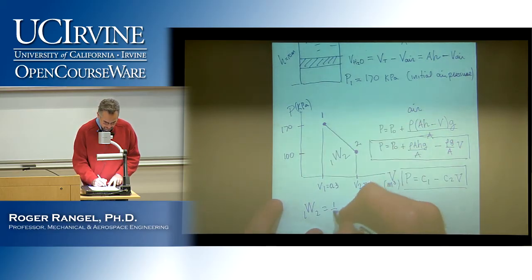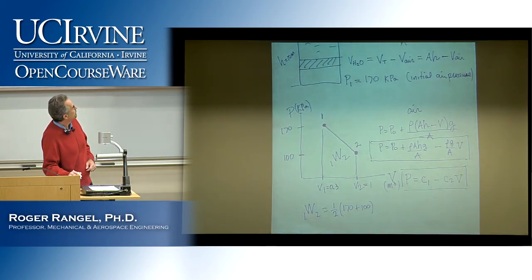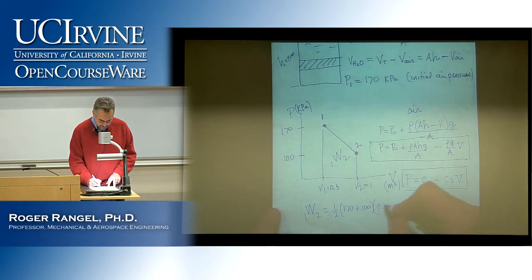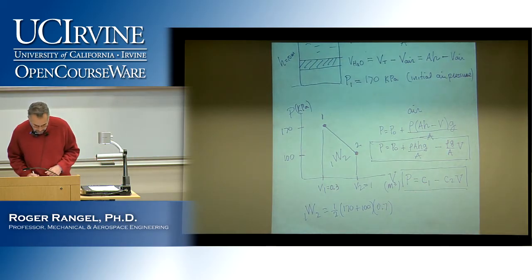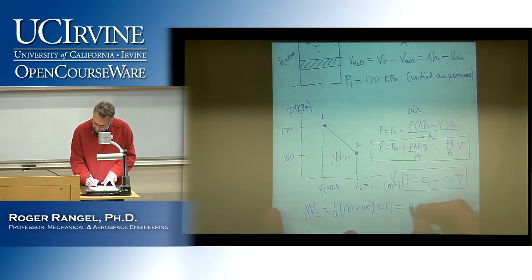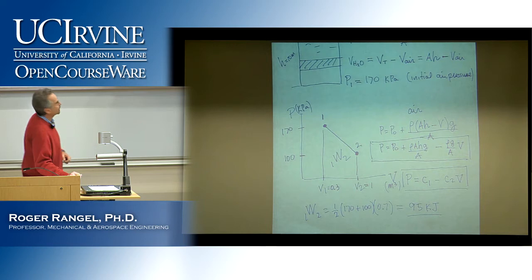So 1/2 of 170 plus 100, that's the average pressure. And then multiply times the volume variation, which is 0.7. So if you plug that in, you get 95 kilojoules for the work.